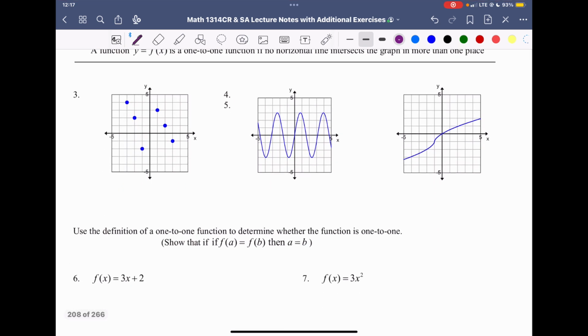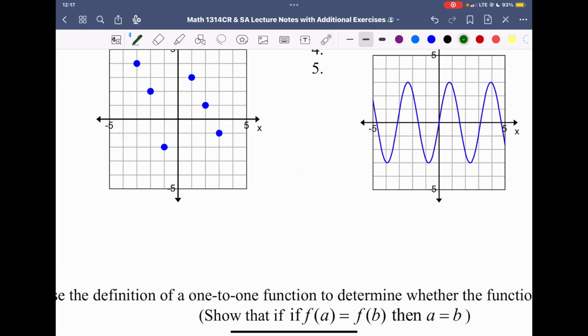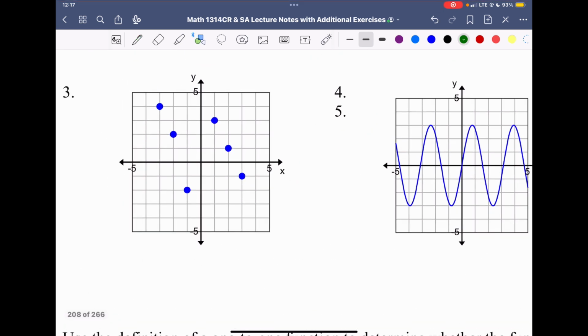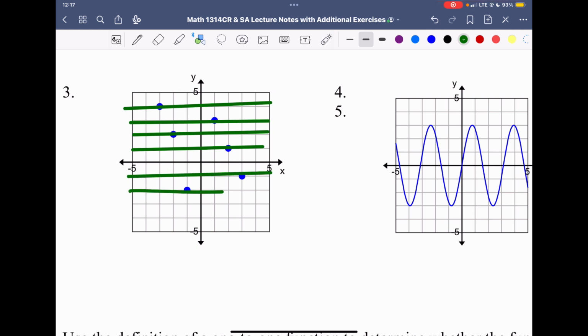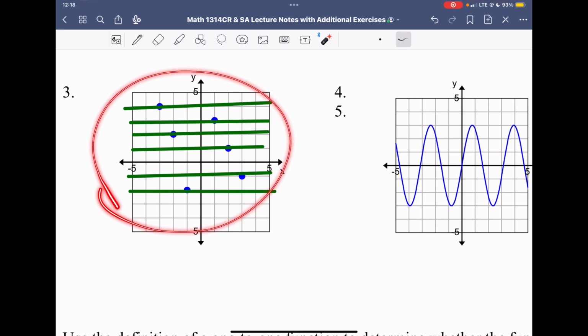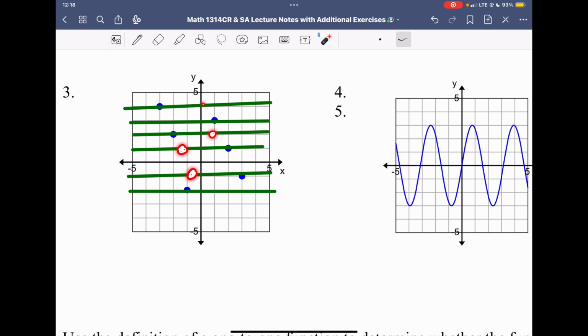So if we look at number 3, we're going to draw horizontal lines. Let's keep that color. Right here on 4, it passes, on 3 passes, on 2 passes, on 1 passes, at -1 passes, at -2 passes. What I want to illustrate here is, if at any point I had an additional point, it doesn't matter how many horizontal lines I have.